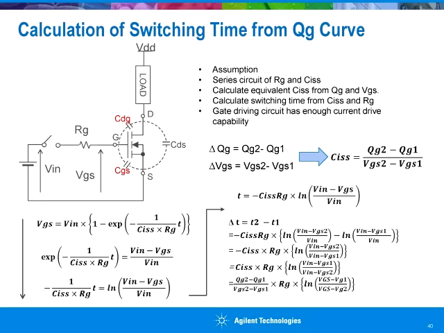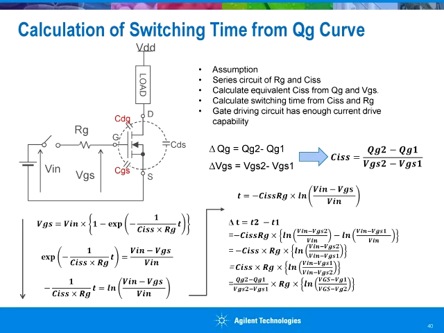This is an example of switching time calculation based on QZ measurement. First, simply assuming a series of gate resistance and capacitance. And this is the response of IGS and VGS based on the series RC model.